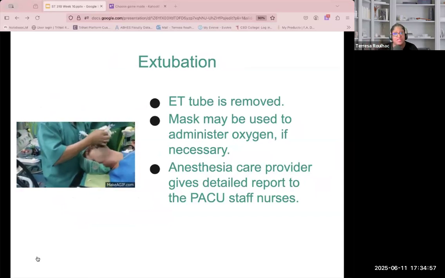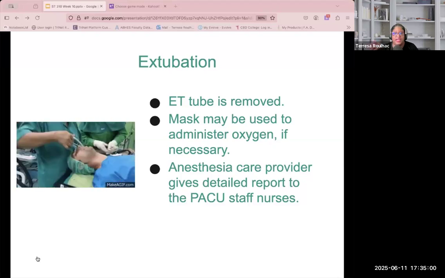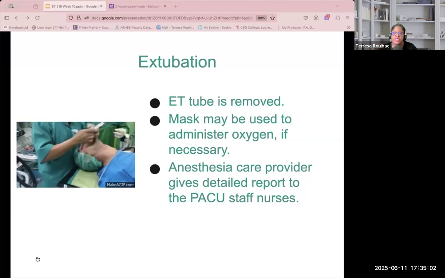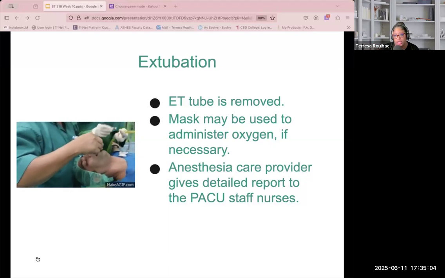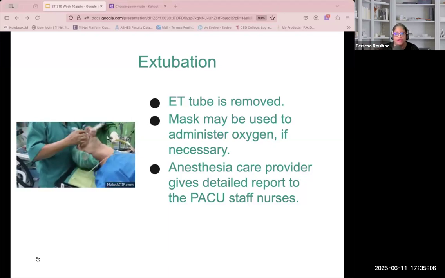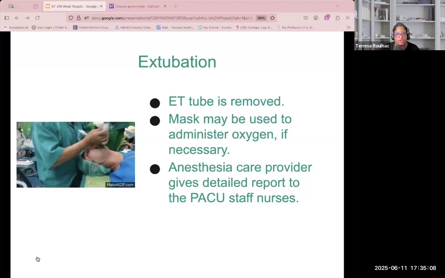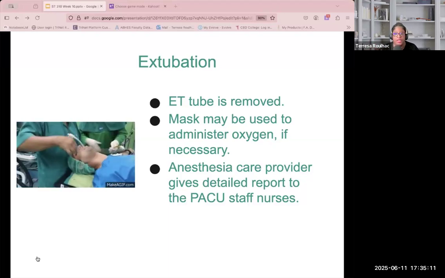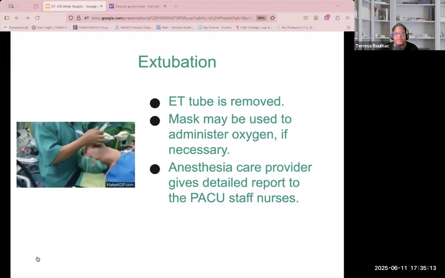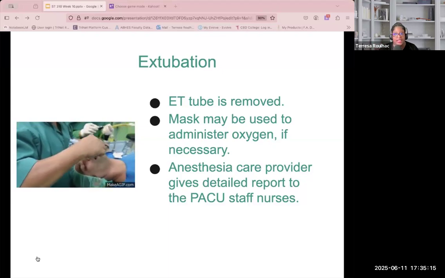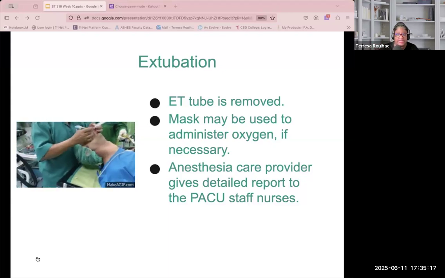Once the patient is awake and stable, if needed, they can be given oxygen, let's say their O2 sats are a little bit low. The anesthesia care provider gives a detailed report to the PACU staff nurse about the patient's status.